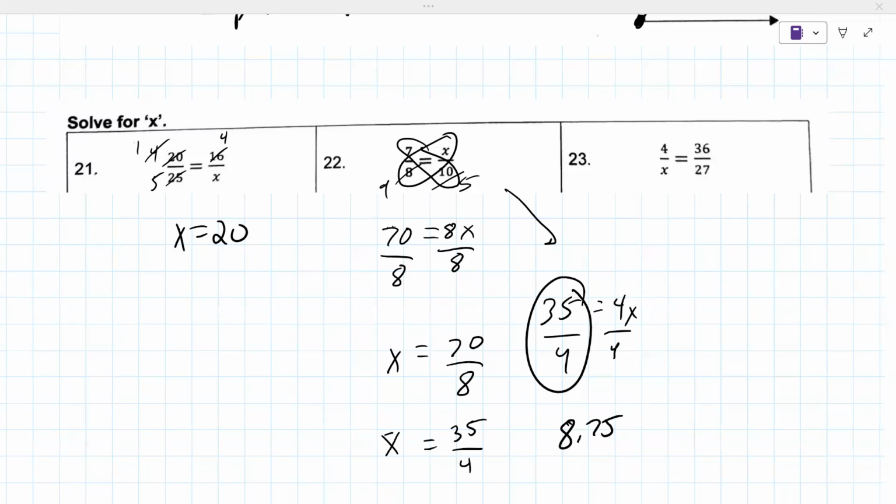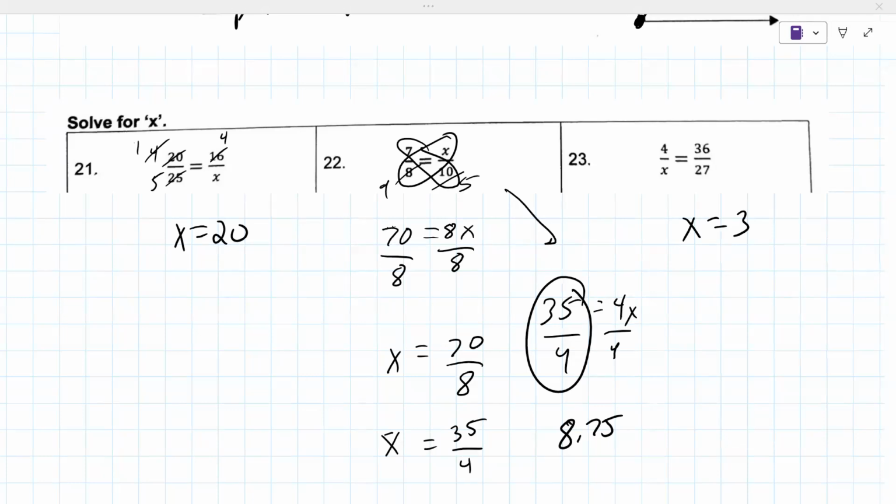So 9, 9. X equals 3. All right. Fantastic.